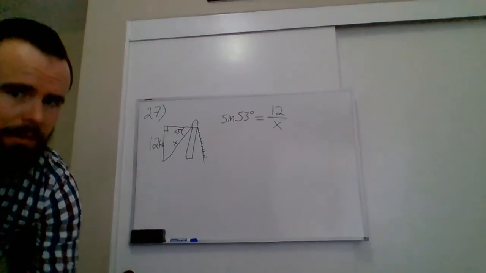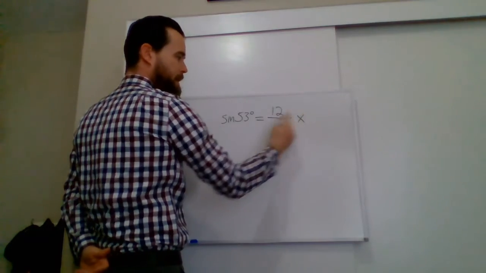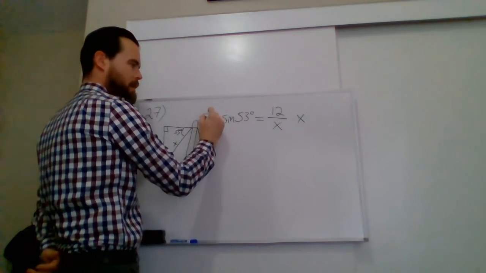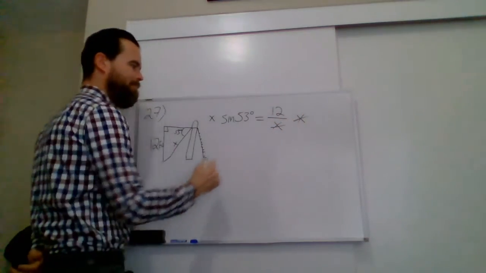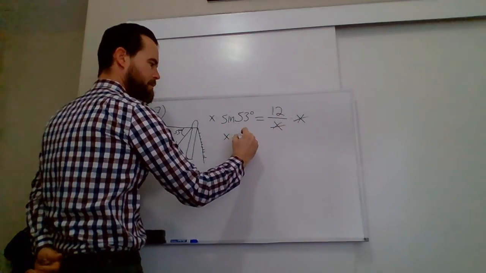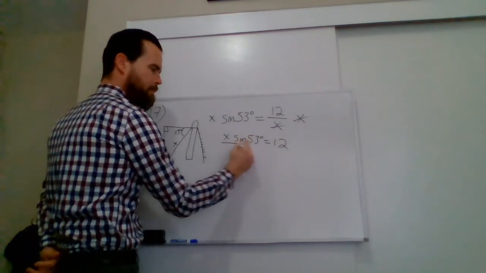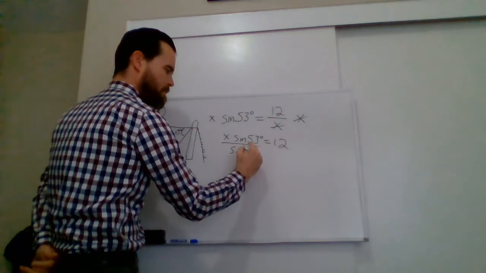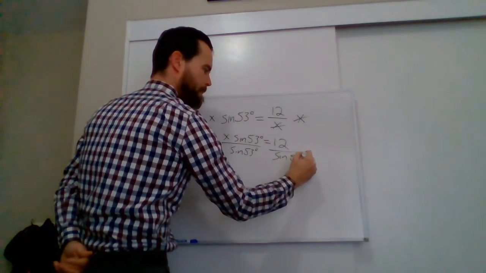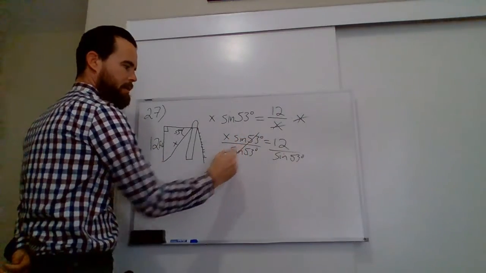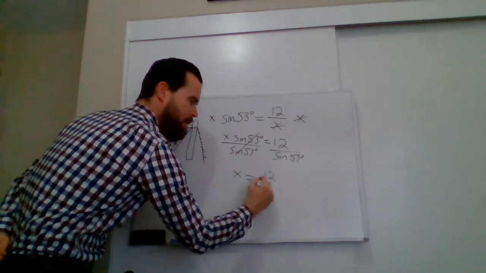And now it is back to an algebra problem. Let's get x by itself on top, so out of the denominator. These x's cancel out. We have x times sine of 53 degrees equals 12. These cancel out. Now we're just left with our x by itself, which is what we want.